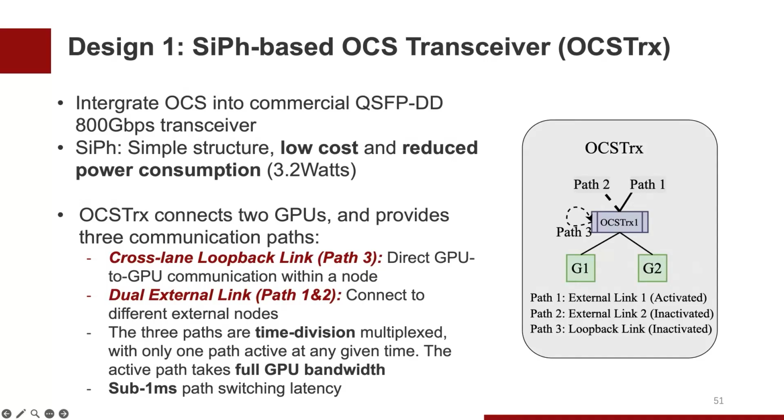By using our transceiver, we not only connect to one node, but, if you look at this figure, we can connect to two nodes. We call this one-node-to-another multi-connectivity, and it enables our dynamic switching. When one node fails, we can dynamically switch to another route. This is the key idea behind this OCS transceiver.